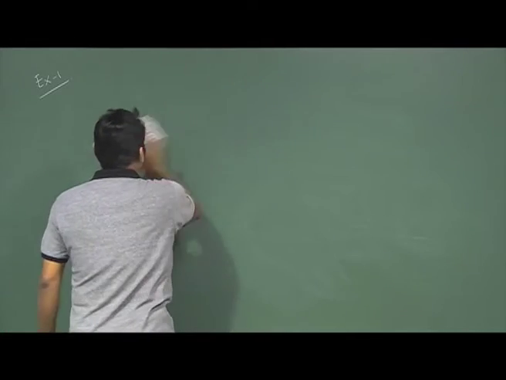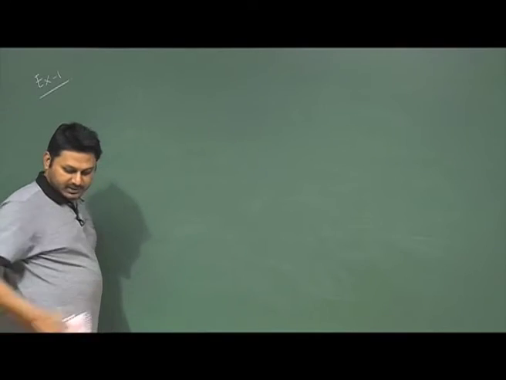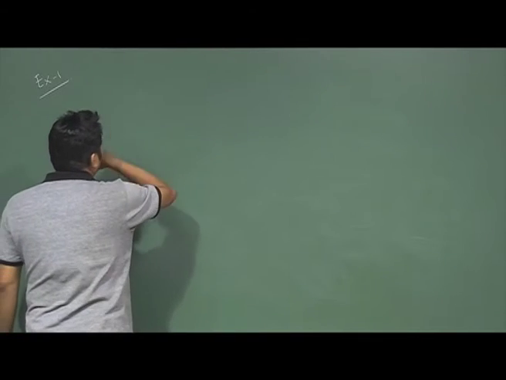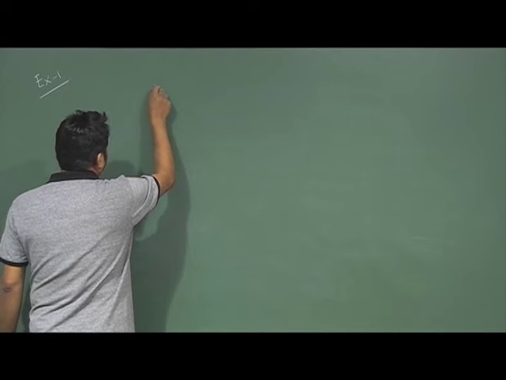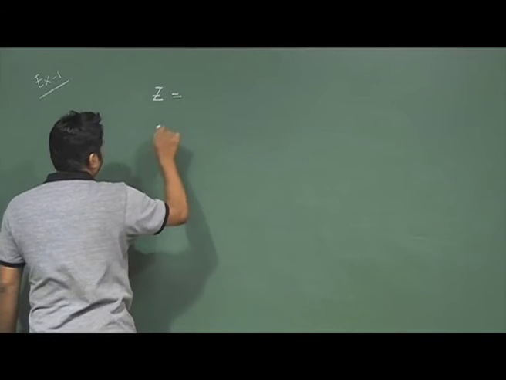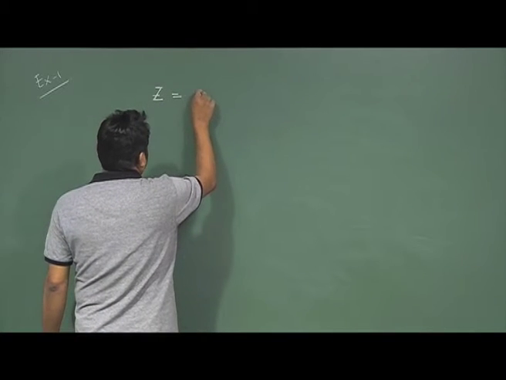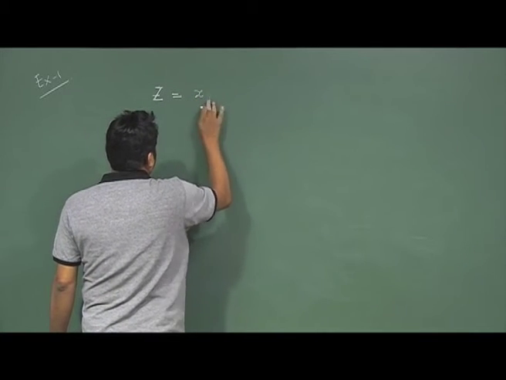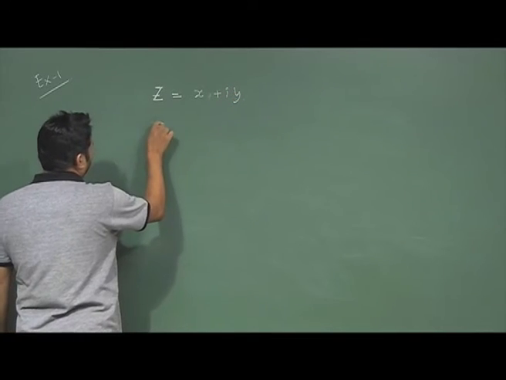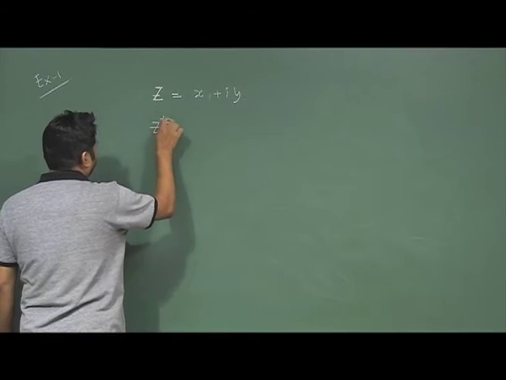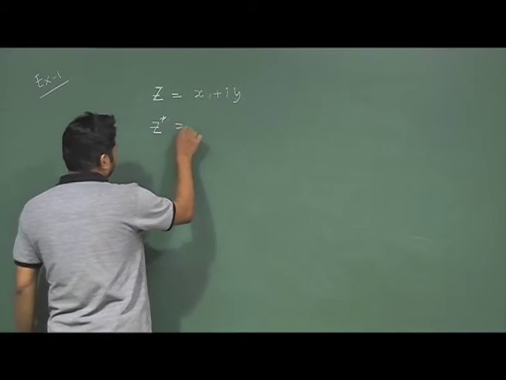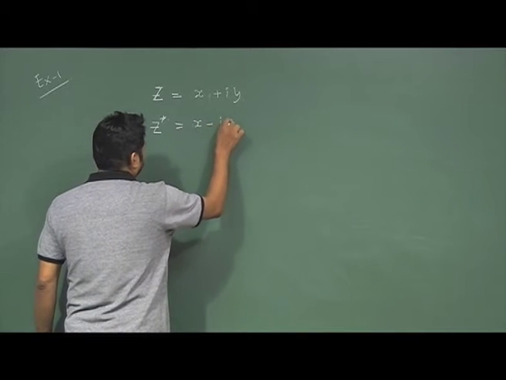Now, after having that, let me give you a few pieces of information. So, z is equal to x plus iy, and we call z star, or sometimes z bar, the complex conjugate, which is x minus iy.